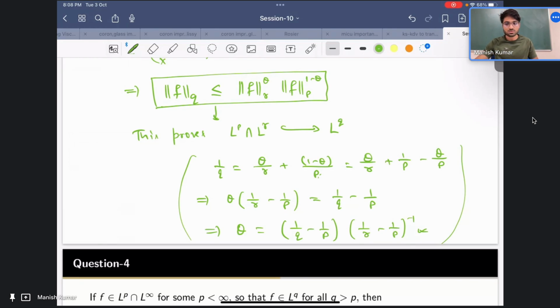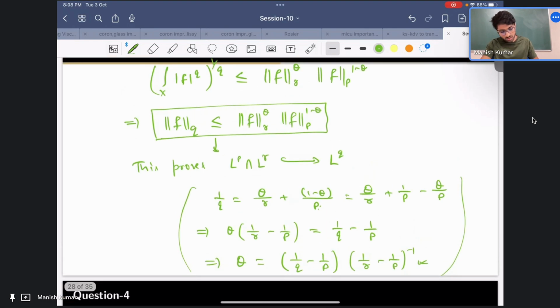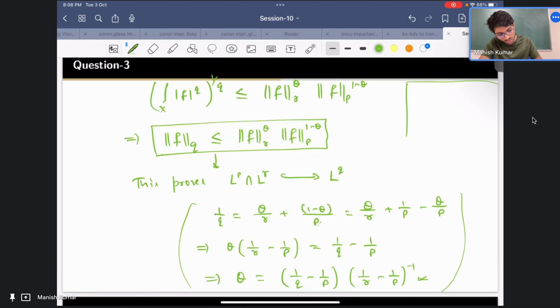I hope this is fine. And this was a bit calculative, just manipulation. As I said, the idea is this: you want f to be in L^q, so you want to estimate this quantity. You know that f is in L^R and f is in L^P, so you have to use this. You write mod f raised to some power alpha times mod f raised to power beta, such that you can show this is in some L^q1 and that is in L^q2.